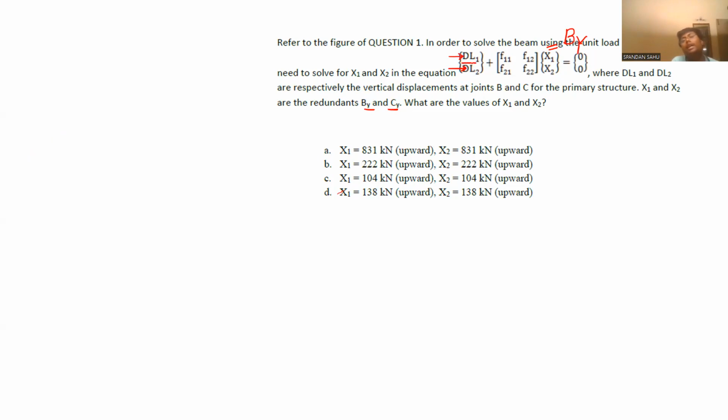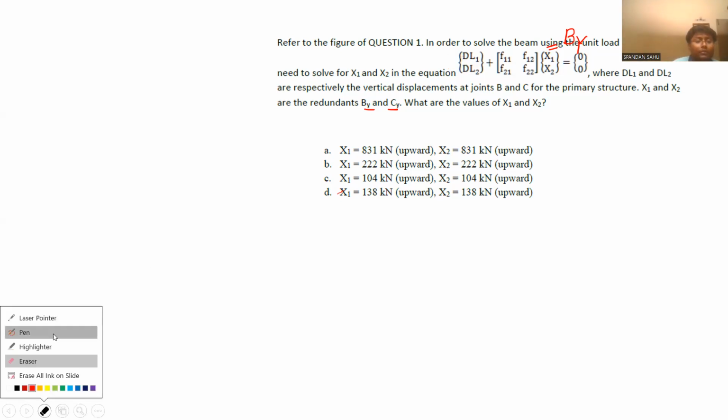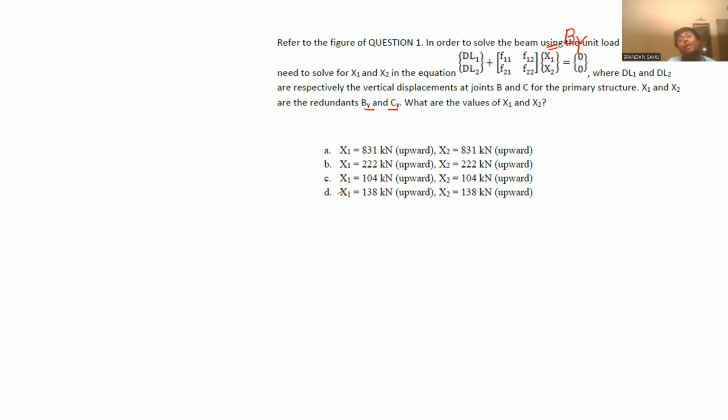See, DL1 is coming from the primary structure due to external loads.